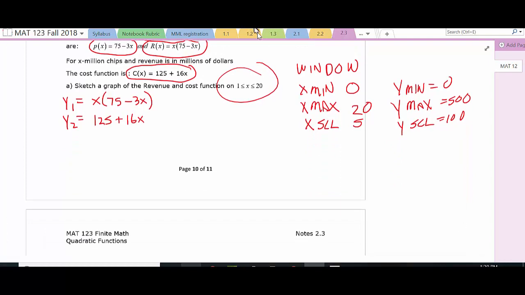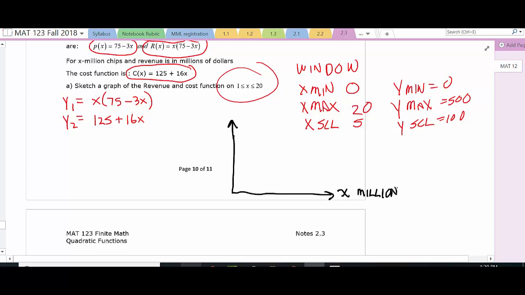All right, so let's sketch this graph then. When you put together your graph, label x. X is million chips, I guess that's like computer chips or something. That's in millions, and that's going to go up to 20. So just go on your x-axis 5, 10, 15, 20 like that.